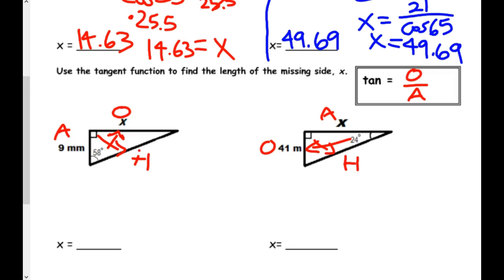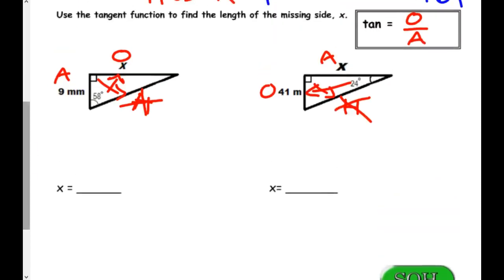Which one am I not going to use this time? Does everyone see? H has nothing next to it. So cross out H on both of them. No H, no H. So SOH CAH TOA, which one is going to be OA? TOA, tangent. So let's do this. Tan 58 equals what over what?